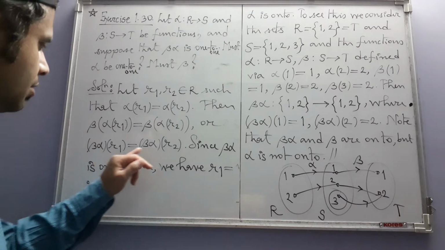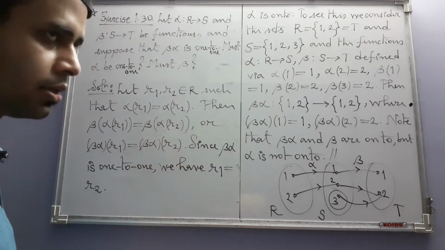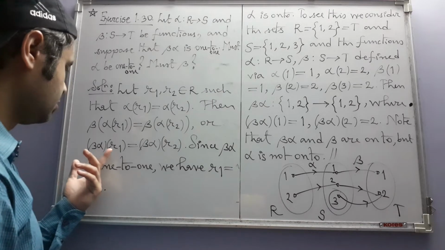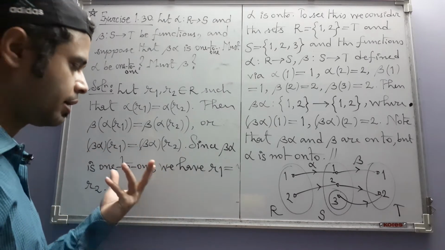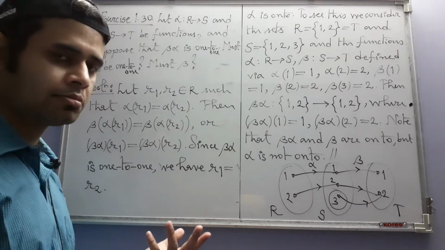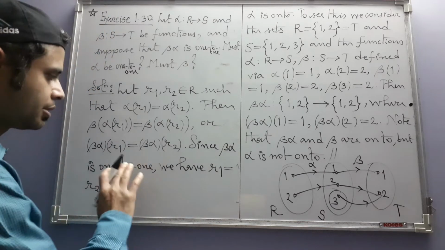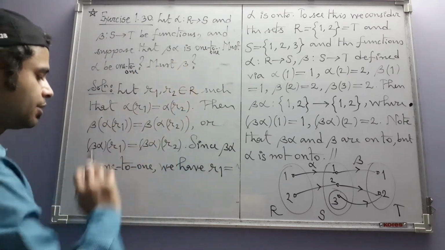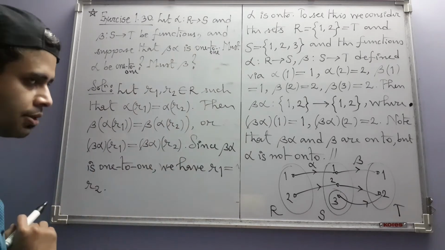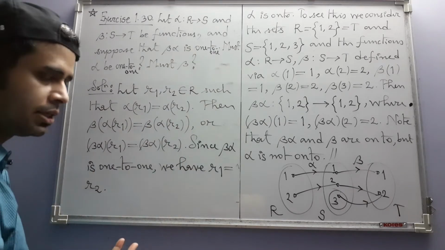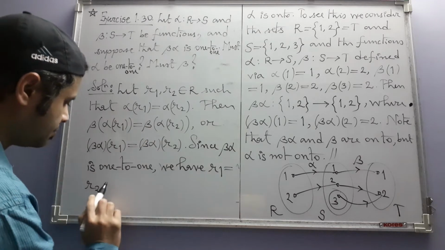Because if R1 and R2 are not equal, then their images being equal under beta alpha would mean that beta alpha is many to 1, it's not 1 to 1. So contradicting the hypothesis that beta alpha is 1 to 1, R1 must be equal to R2. But that's what we needed to show.